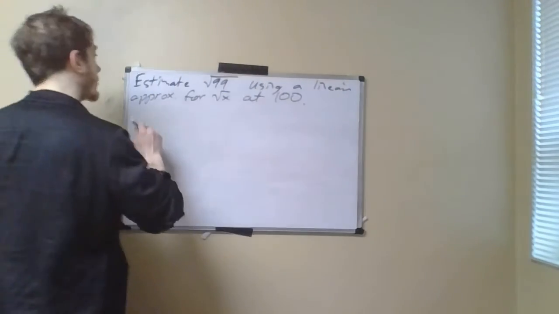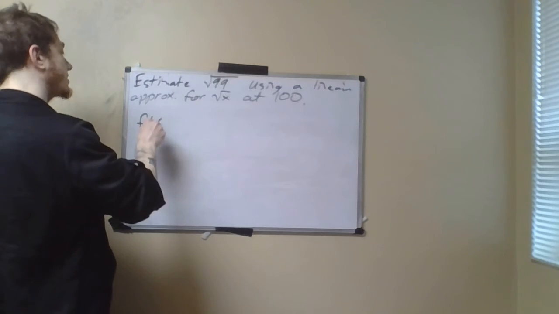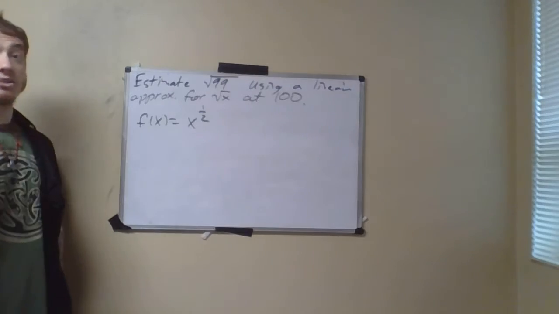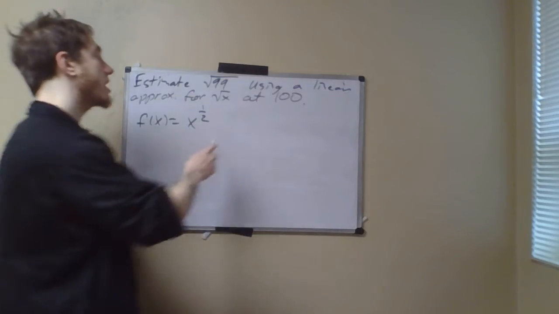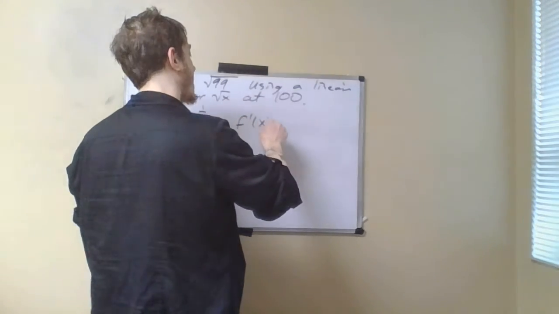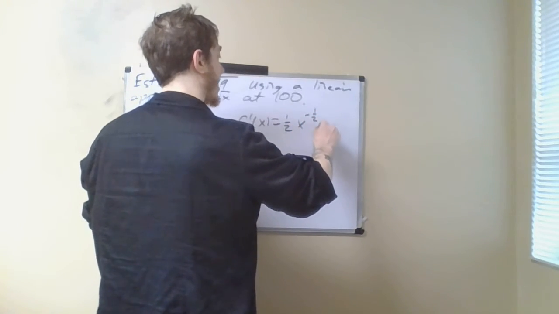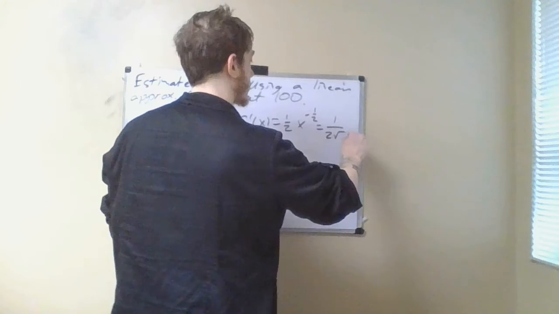So what we're going to do is let f of x be equal to the square root of x, which is really x to the 1/2. Then f prime of x is 1/2 x to the minus 1/2, which is, of course, 1 over 2 square root x.